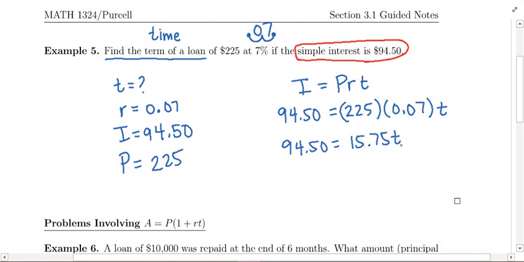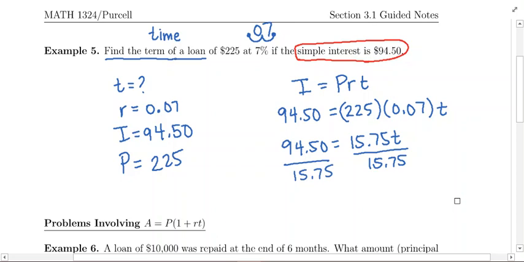Now if I want to solve for T, remember T is multiplied by 15.75. If I want to undo that, the opposite of multiplying is dividing. Whatever you do to one side, you've got to do to the other.